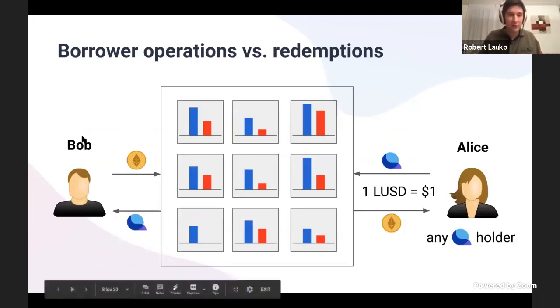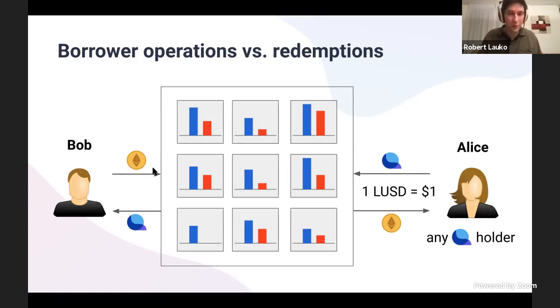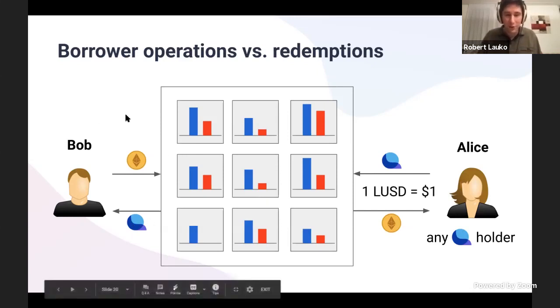So generally, we have the borrower operations, where borrowers deposit Ether as their collateral and take out loans in LUSD. That's similar to what is already there in the market.